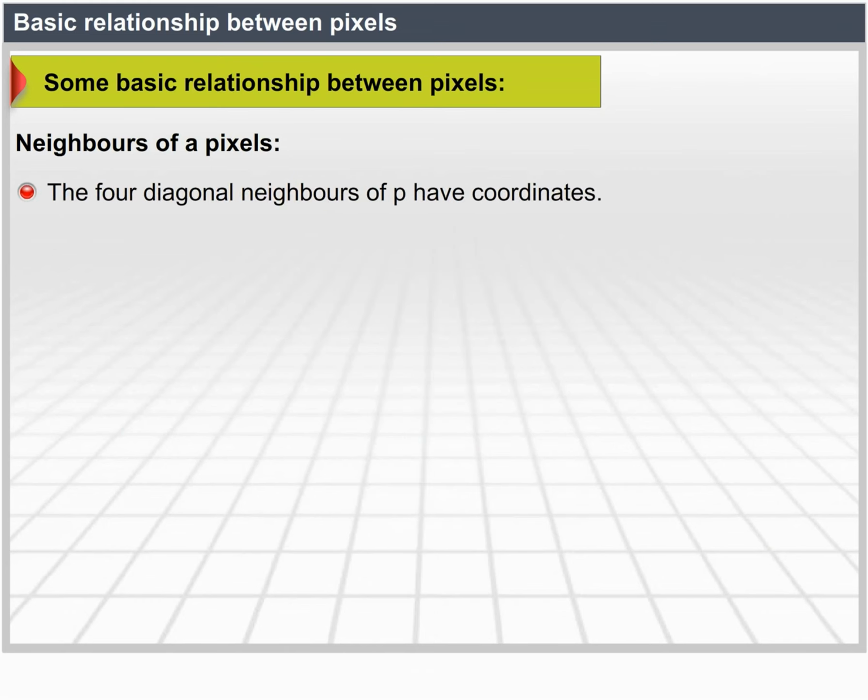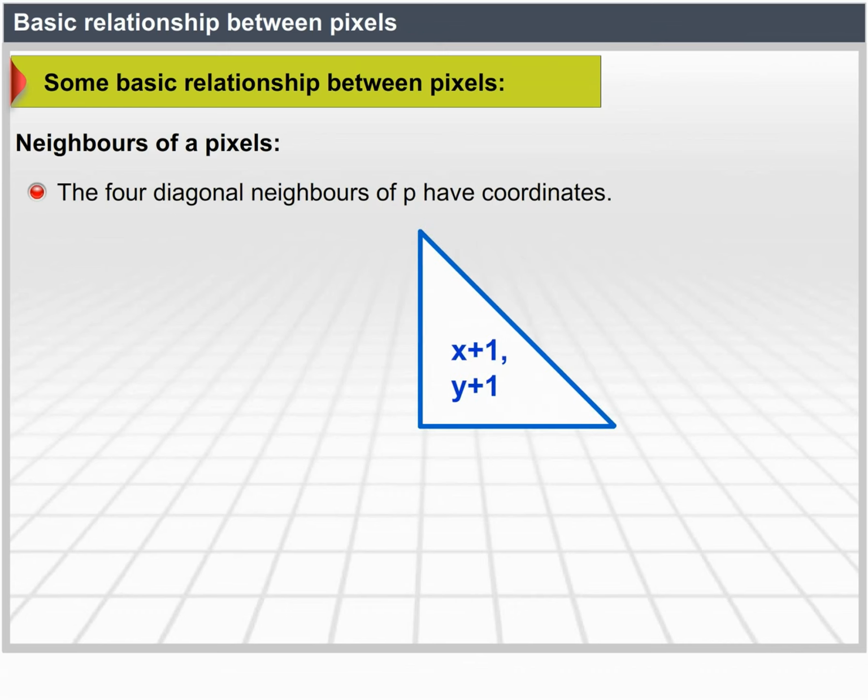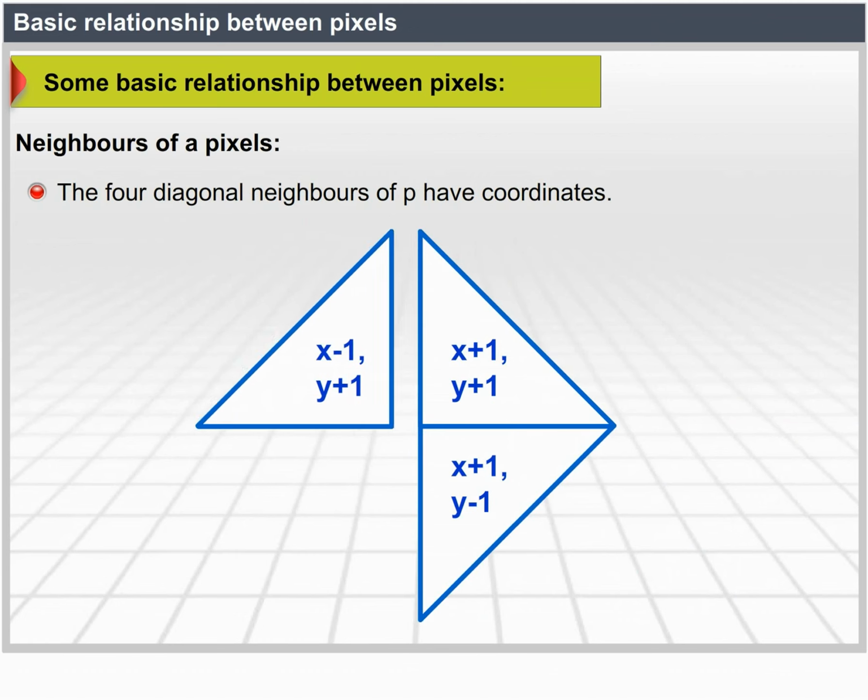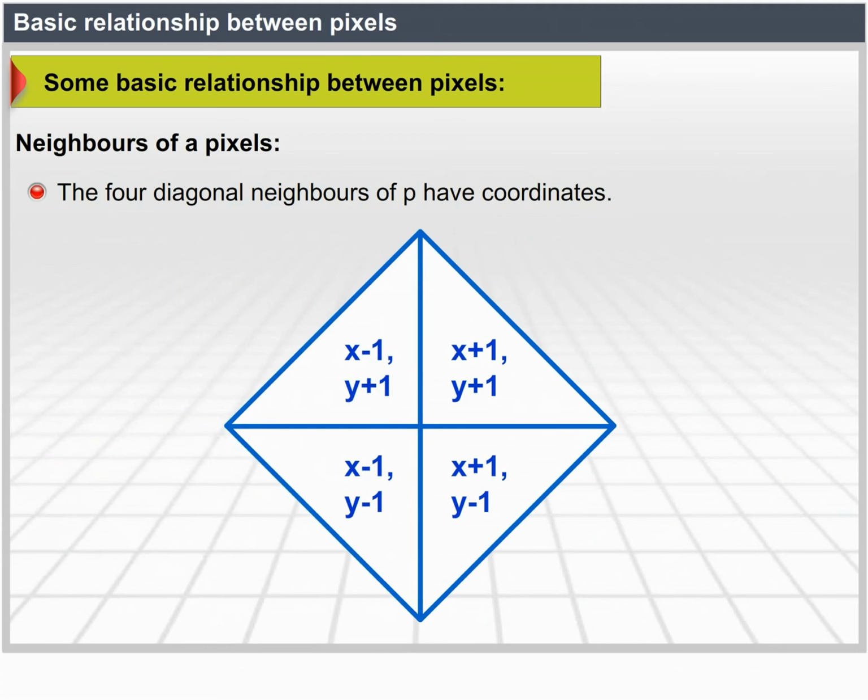The 4 diagonal neighbors of P have coordinates (x+1, y+1), (x+1, y-1), (x-1, y+1), (x-1, y-1).